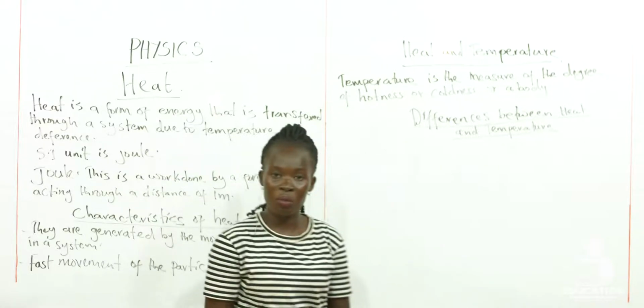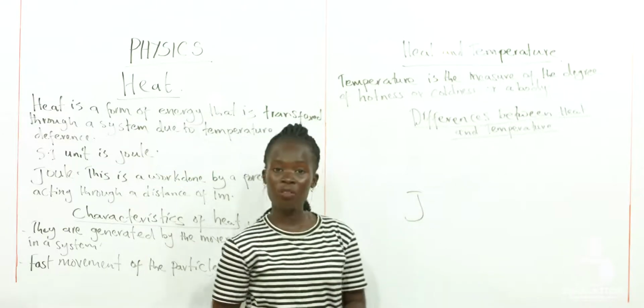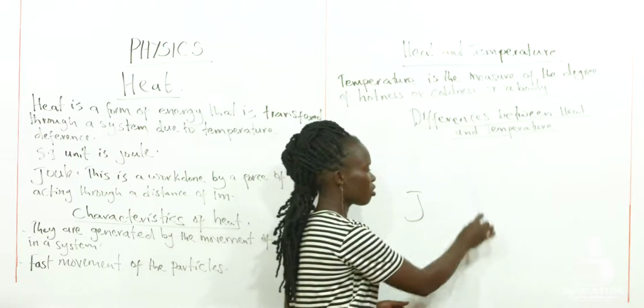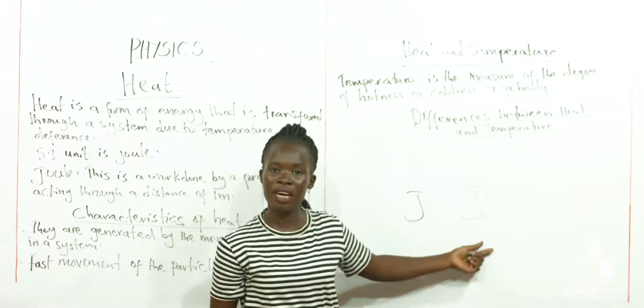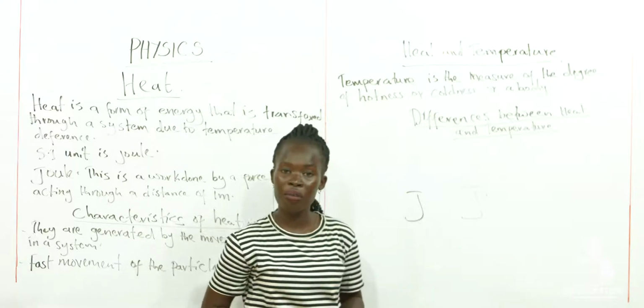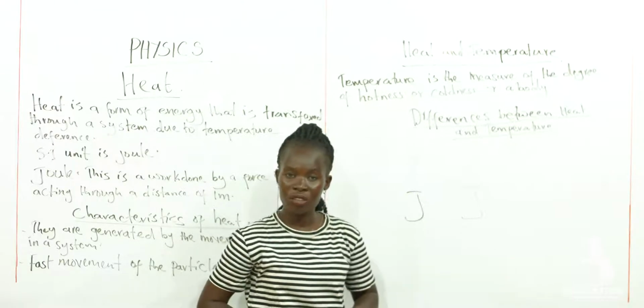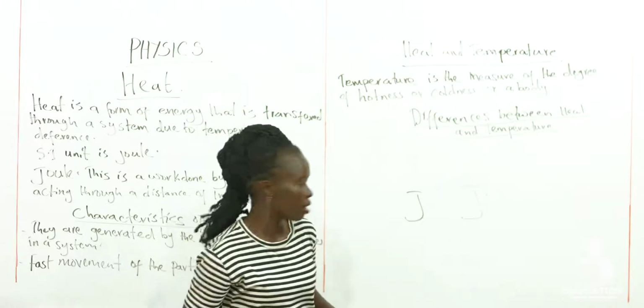When we say that we measure energy in joules, do we also measure temperature in joules? The SI unit of temperature is not joule. That means that temperature is not a form of energy. So if it is not a form of energy, what is it?